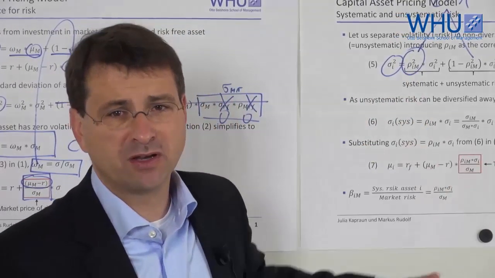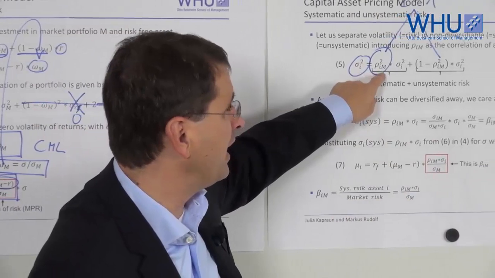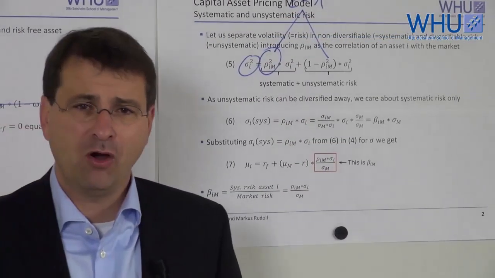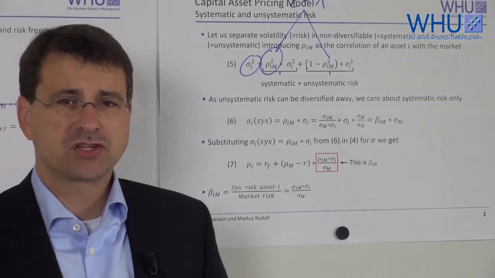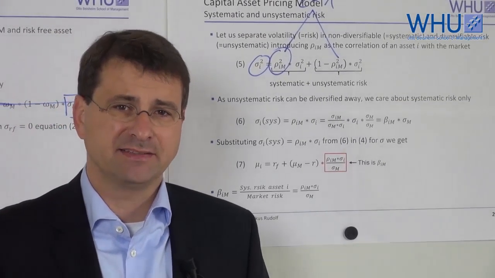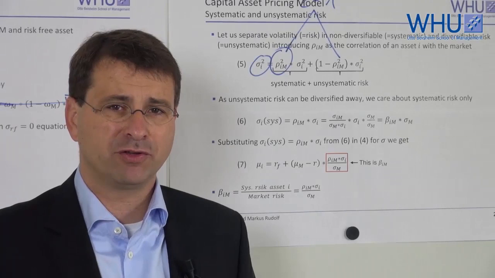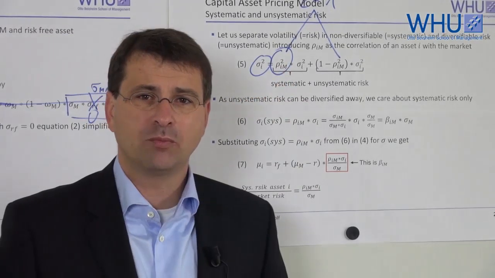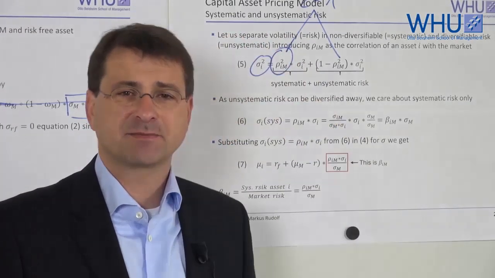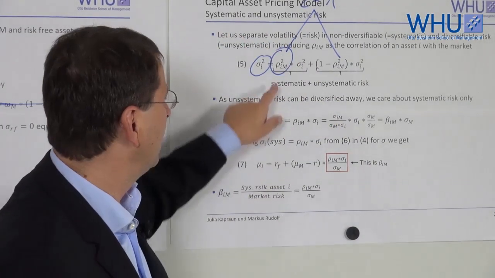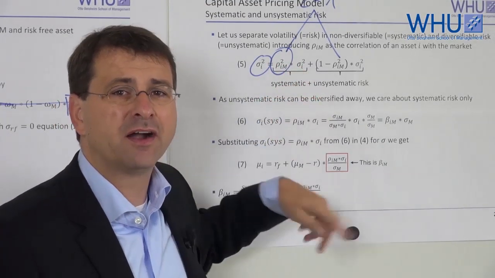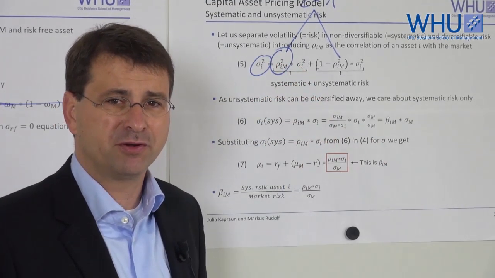That's the reason why we call it M. And rho IM squared is the extent to which the asset I is explained by the market portfolio. In other words, rho IM squared tells us how much the asset I is explained by the market portfolio and how much the fluctuation of a single stock I is influenced by the market portfolio.